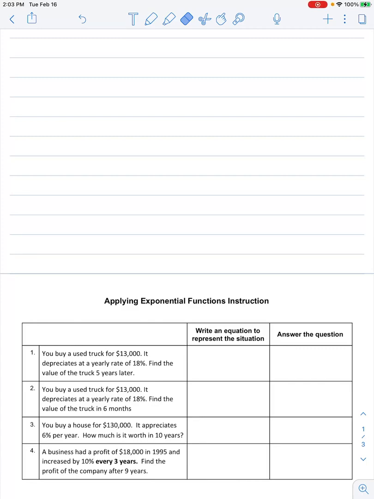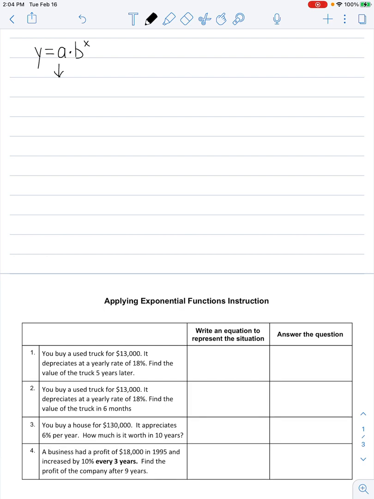Okay guys, today we're going to take a look at how to apply exponential functions. As a quick reminder, we use y equals a times b to the x power as our equation for exponential functions.